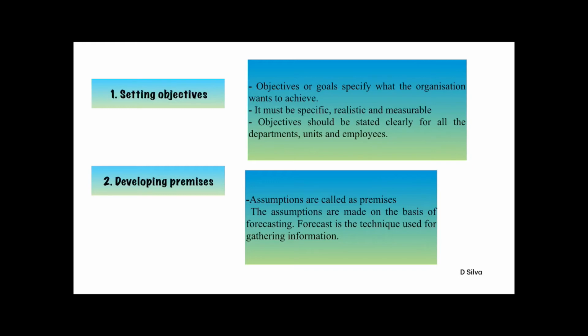You make certain assumptions. Now, how do you make assumptions? It is based on forecasting. So, what is forecasting? It is a technique used for gathering information. For example, the mobile phone company has set the objective of 2 lakh unit sale on the basis of forecast done on the premises of favorable government policy towards digitalization of transactions.